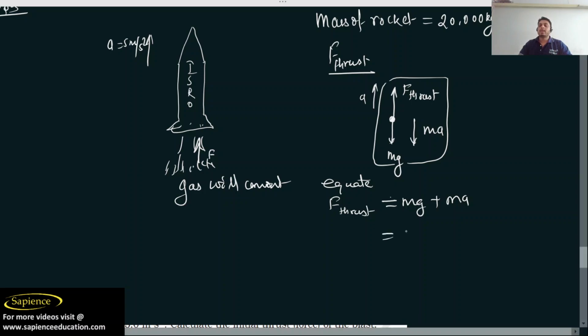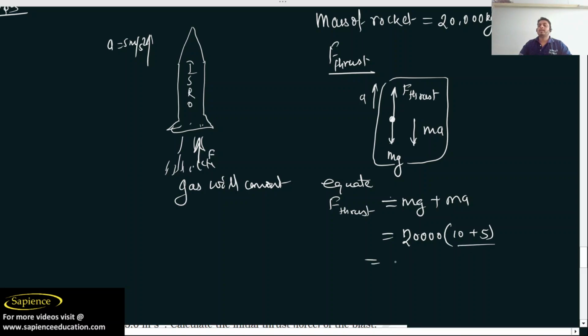Since the mass of the rocket is 20,000 kg, into g which is 10 plus acceleration 5, so this will be 15. 15 into 2 is 30, so F thrust is 3 lakh Newton.